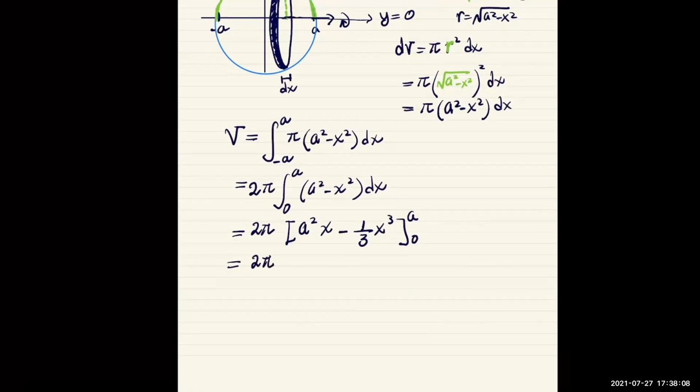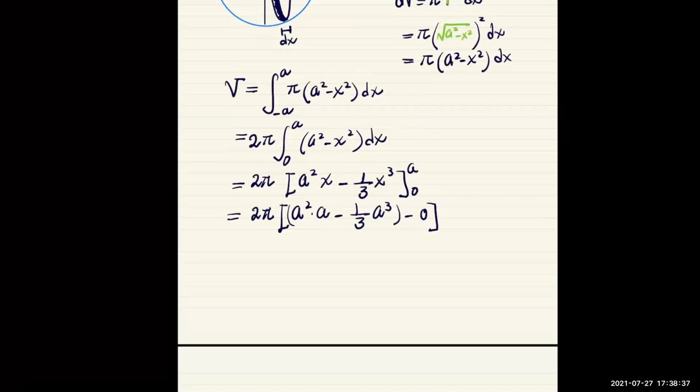we get 2 pi times a squared times a, minus 1/3 a cubed. Okay, so that's when you evaluate the antiderivative at the top limit. Now evaluate at the bottom limit, but when I plug 0 in here, everything zeroes out. So we get 2 pi times a cubed minus 1/3 a cubed.